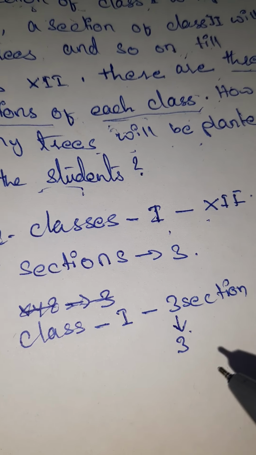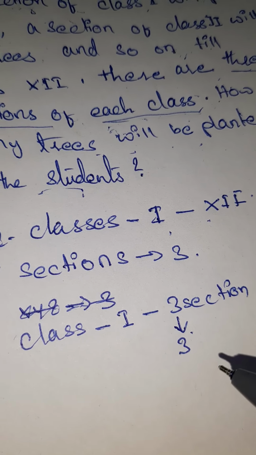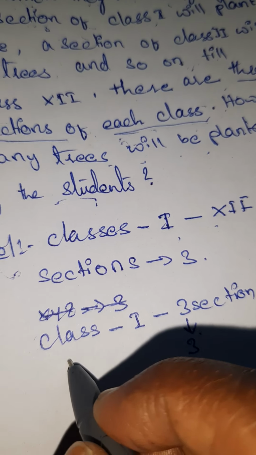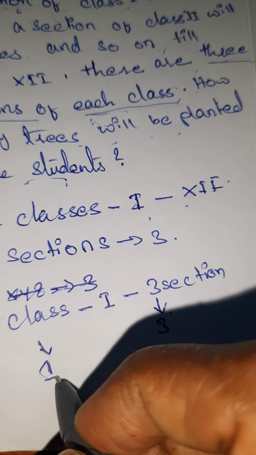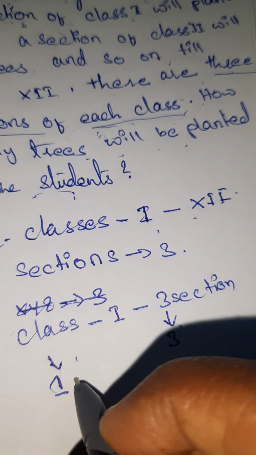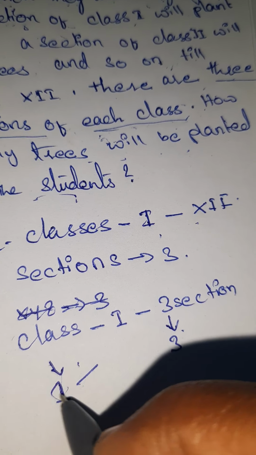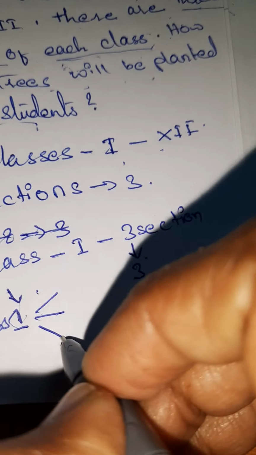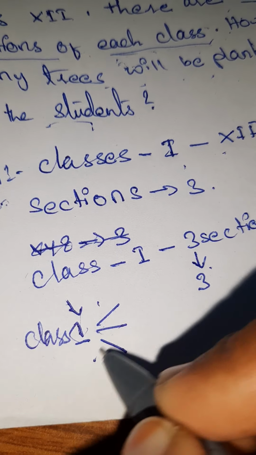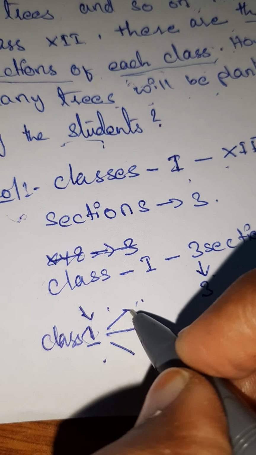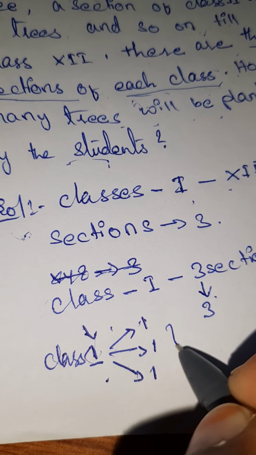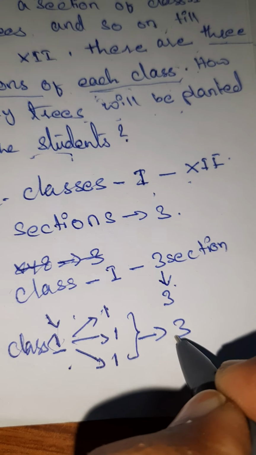Class 1 has three sections, so each section plants one tree, so it becomes three trees.